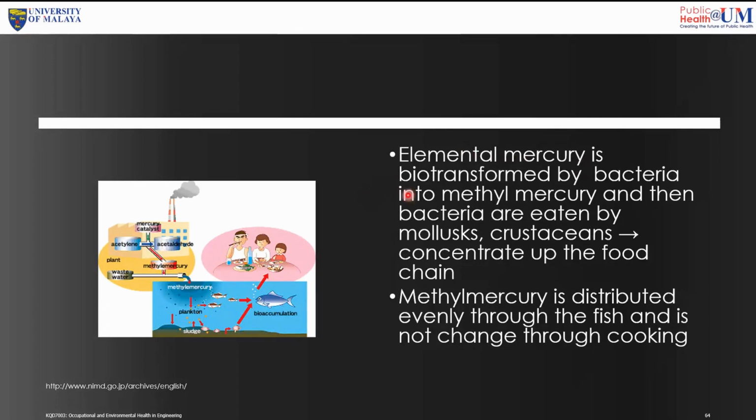Elemental mercury is biotransformed by bacteria into methyl mercury, and then the bacteria are eaten by molluscs and crustaceans and concentrated up the food chain. Methyl mercury is distributed evenly through the fish and is not changed by cooking. That is the problem: mercury does not degrade. We know elements do not degrade with cooking. You cannot remove elements, correct?